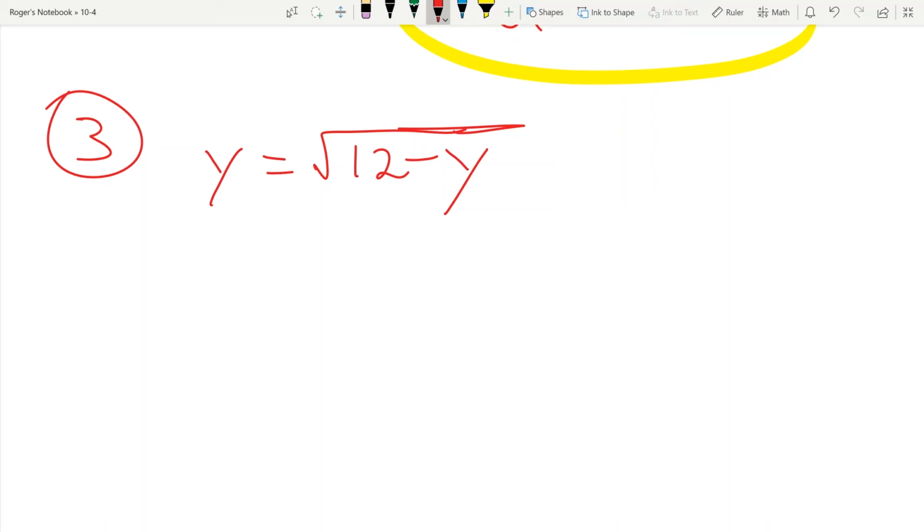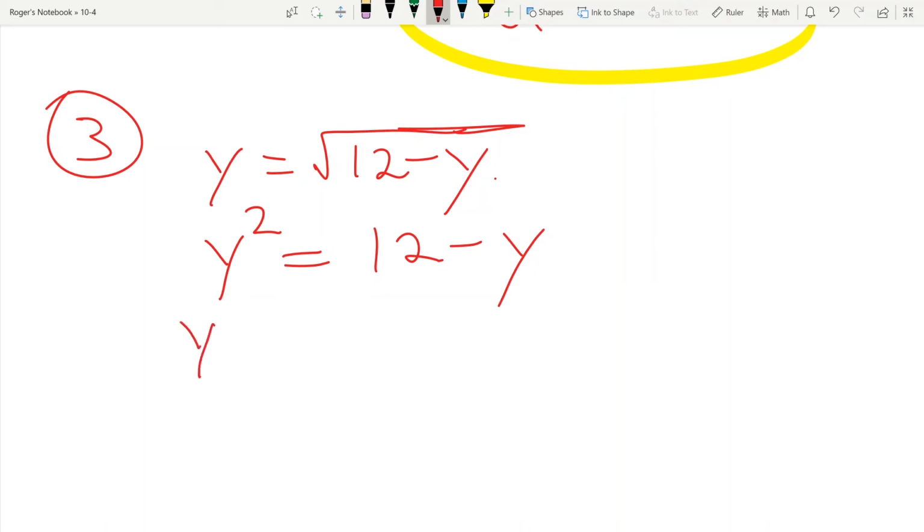Okay, so we square the left and the right, and we get y squared is equal to this side squared, which is going to be equal to 12 minus y. I skipped a step, but I think you know I squared the square root, right? So I get y squared equals 12 minus y. Bring everything to the left, set equal to 0, factor, complete the square, quadratic formula, whatever seems to be the easiest.